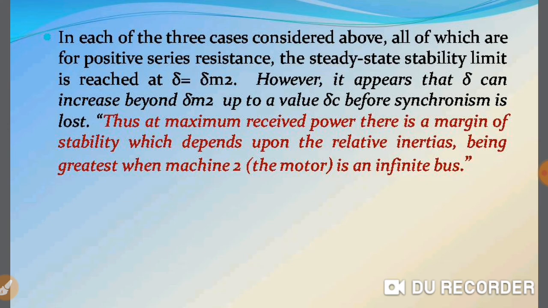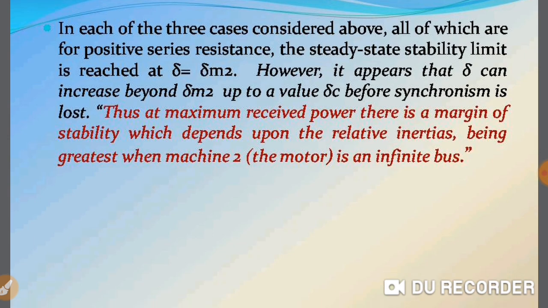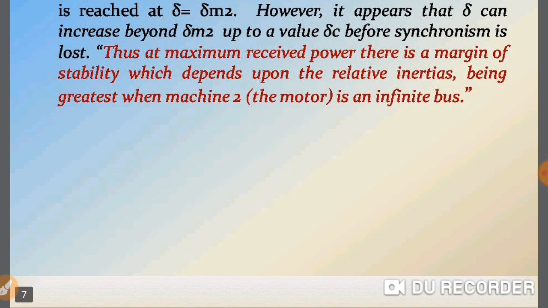So what we conclude from today's lecture is that at maximum received power there is a margin of stability which is going to depend upon the relative inertias m1 and m2, being the greatest when machine 2 is an infinite bus. Here we need to take machine 2 as the holding power for the effect of inertia.